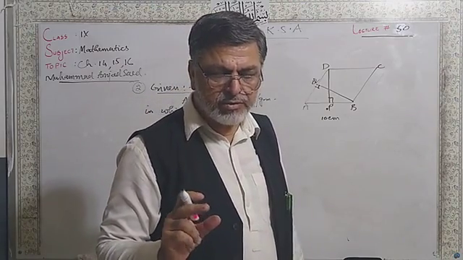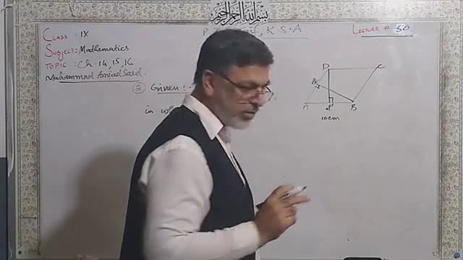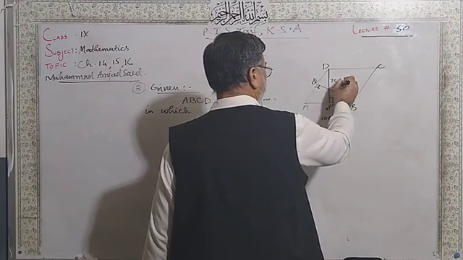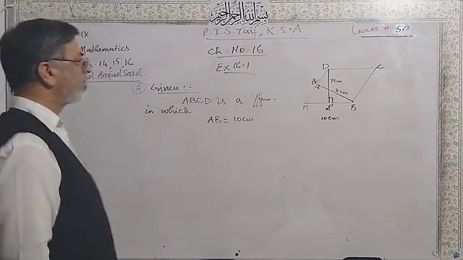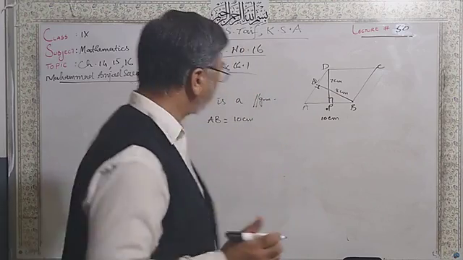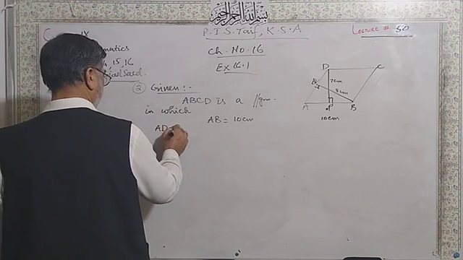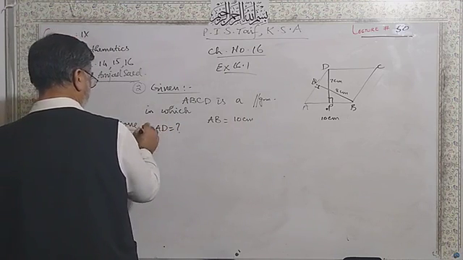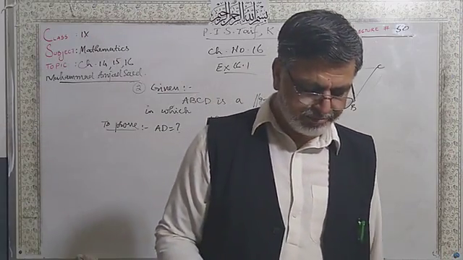PD is equal to 7 and BQ is equal to 8. This is 7 centimeter and this is 8 centimeter. Dear students, you know that we have to find AD. To prove is AD. We have to find AD.